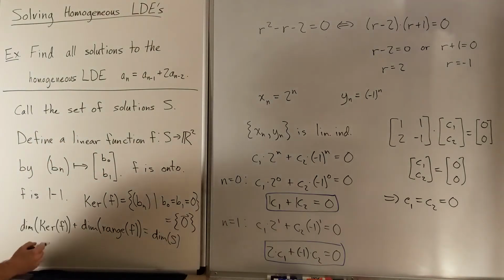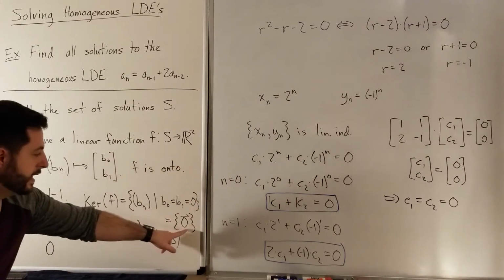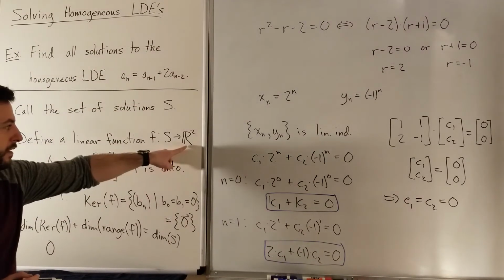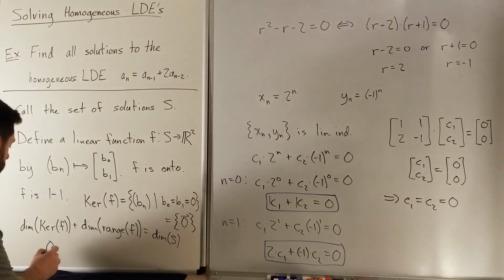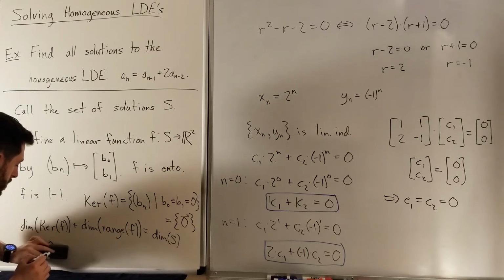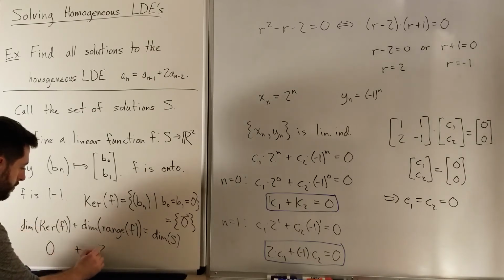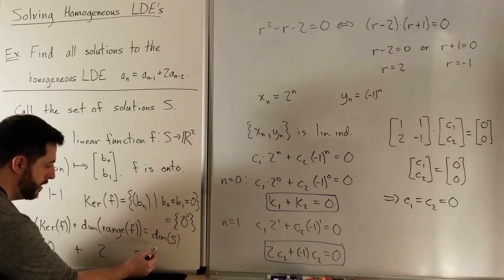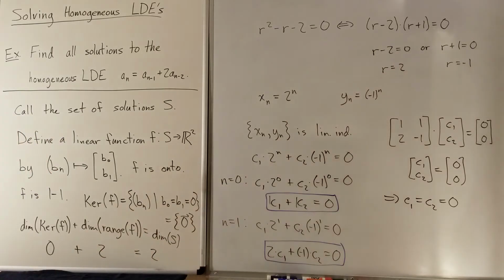Well, we just said that the dimension of the kernel is 0 because it only contains the 0 vector. The dimension of the range is 2 because f is onto, and we have a two-dimensional space that we're going into. So this is 0 plus 2, and that is equal to 2, so the dimension of S must be 2.